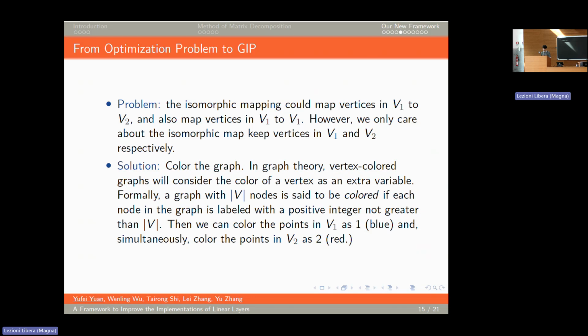to color the graph. In graph theory, a vertex-colored graph considers the color of a vertex as an extra variable.